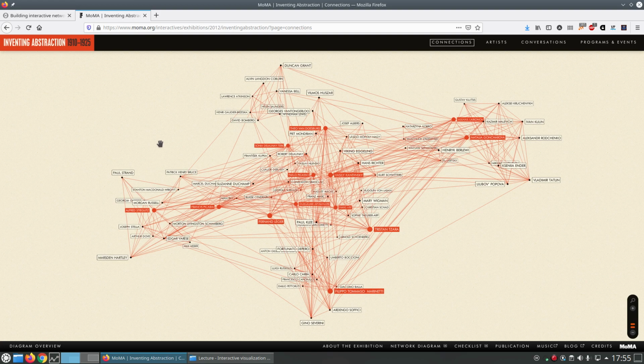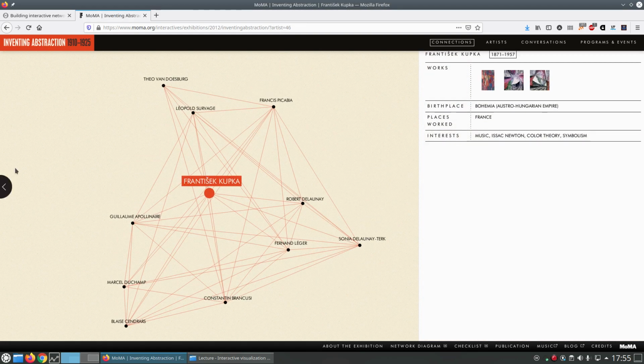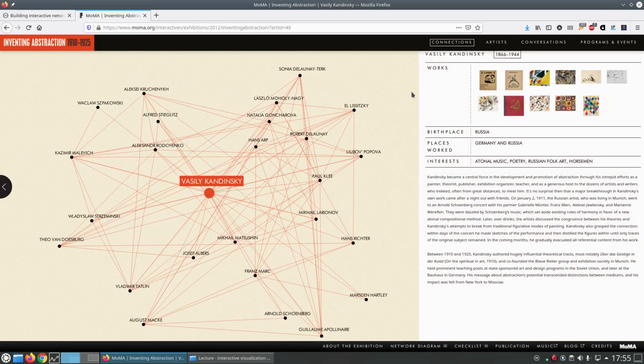And something that I also like about this network is that we can drill down to a specific network by clicking on one of these. By clicking any of these, for instance, I click now Kandinsky, I can see the network that Kandinsky built around him and that influenced him, but also how he influenced all these artists to create this avant-garde movement.